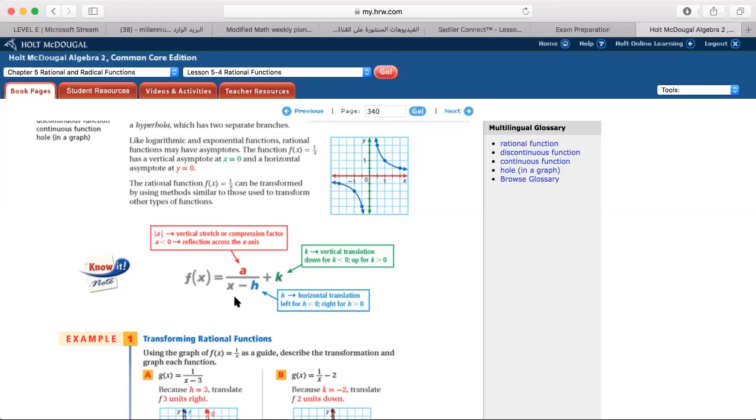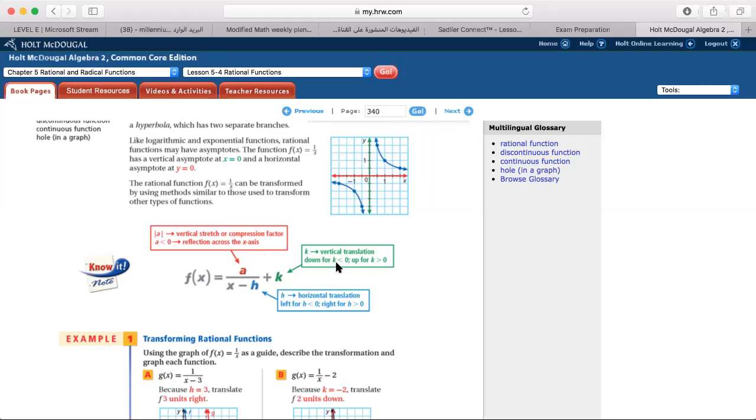So again, I will read it for you. f of x is equal to a over x minus h plus k. The absolute value of a represents the vertical stretch or compression factor. If a is less than 0, which is negative, it is a reflection across the x-axis. k represents vertical translation.